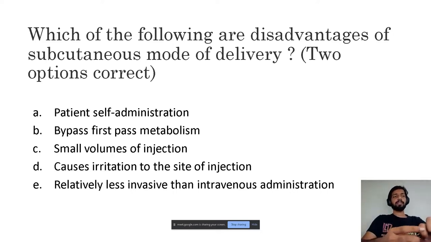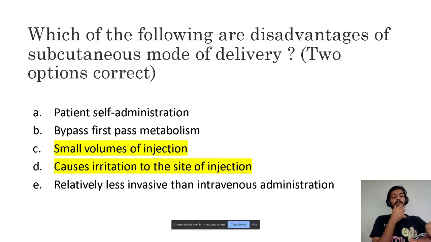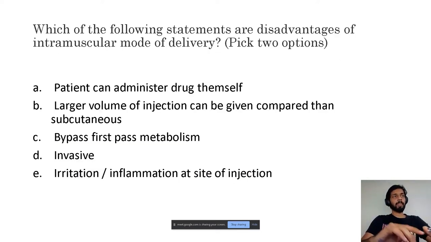Small volumes of injection and irritation at the site of injection are the disadvantages of the subcutaneous mode. You cannot inject too much volume into the subcutaneous tissue, and there's also irritation that comes up, depending on patient-to-patient variability.